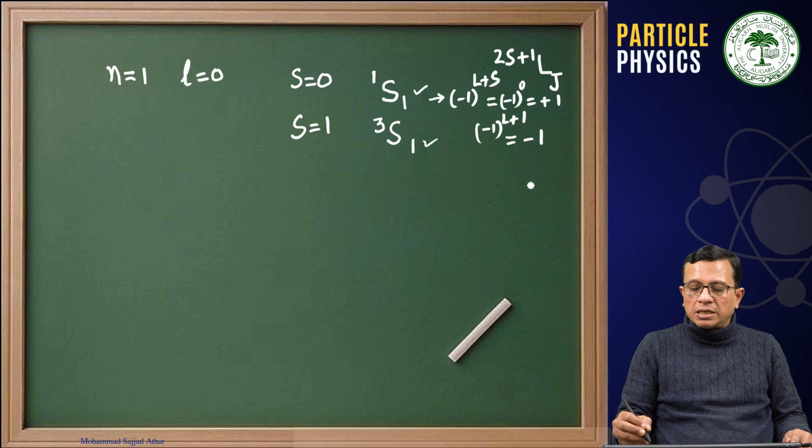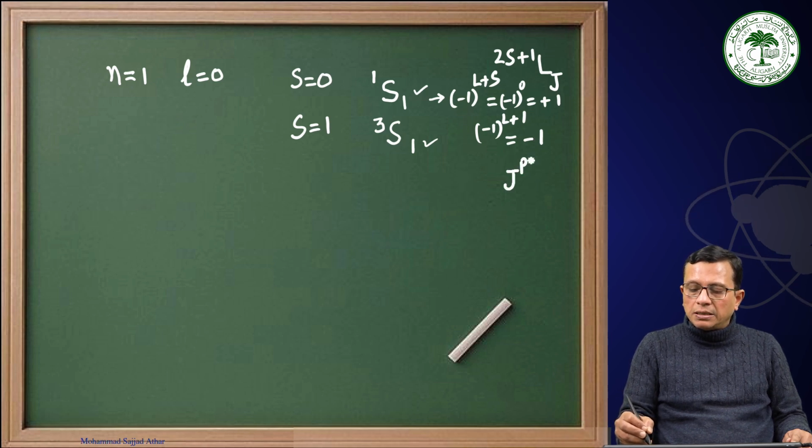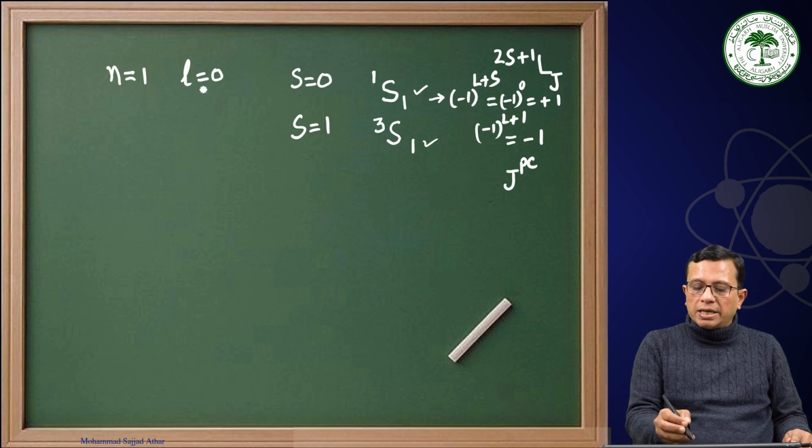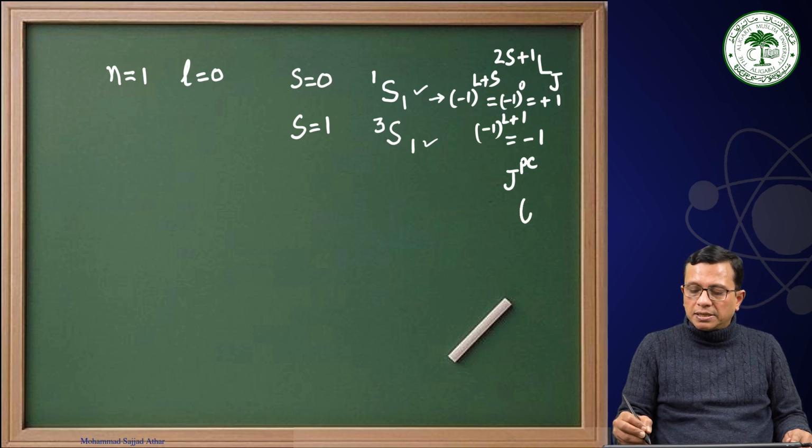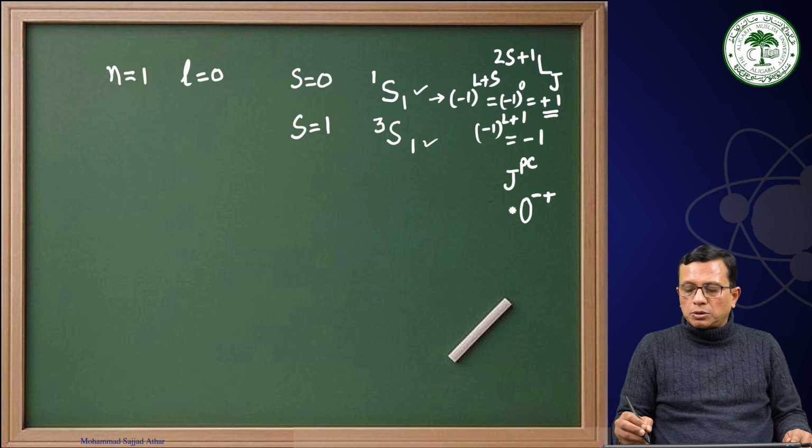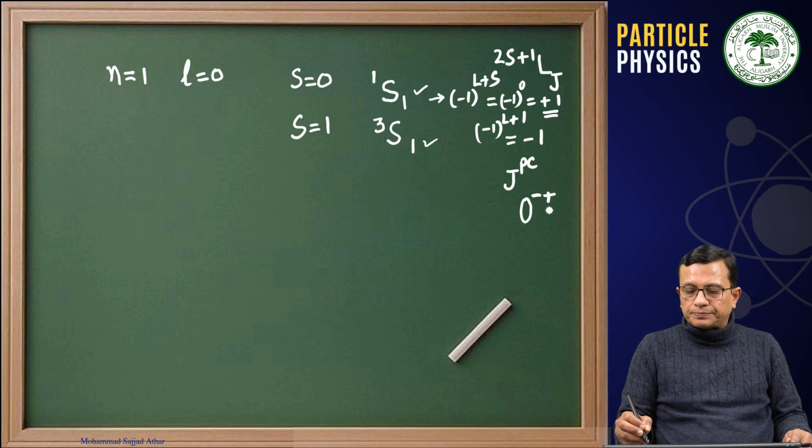We represent this state with J P C: J is 0, parity is negative, and C parity is positive. So this corresponds to a state with angular momentum 0, parity negative, and C parity even.